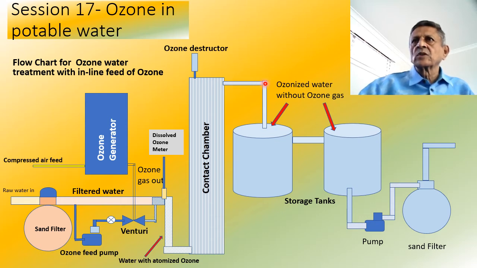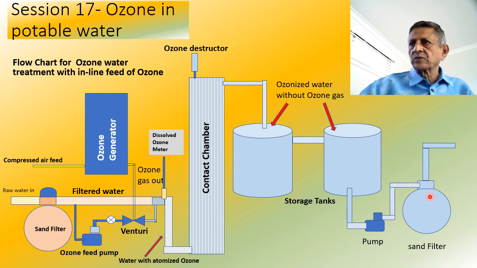This ozonized water is collected in the storage tanks, and is used up continuously as it is needed from the two tanks.